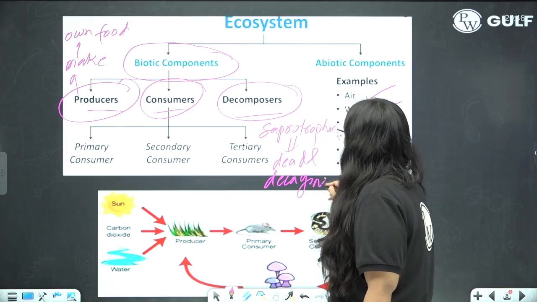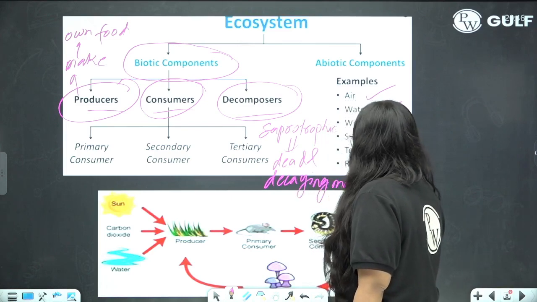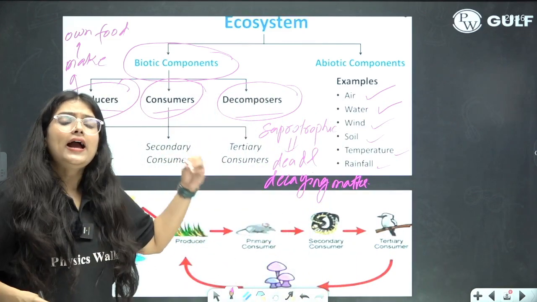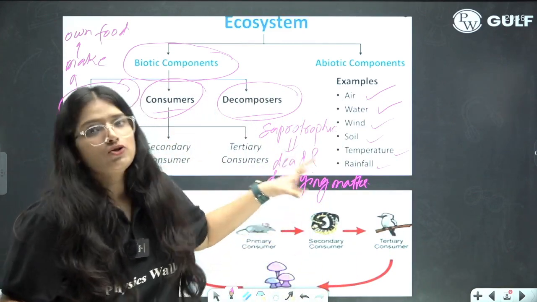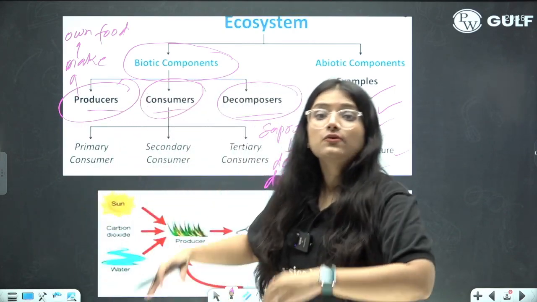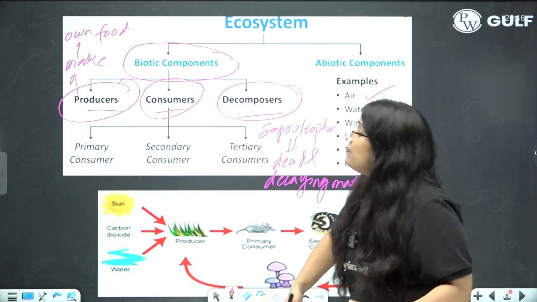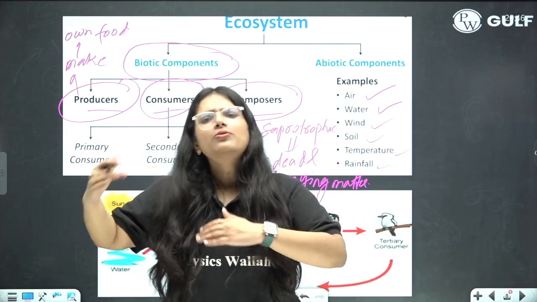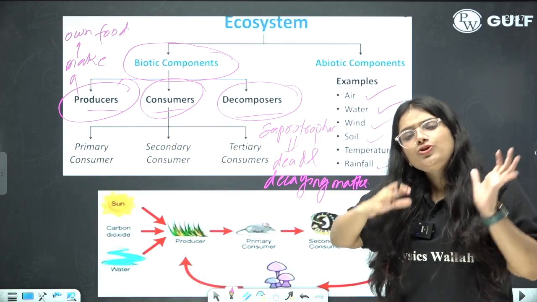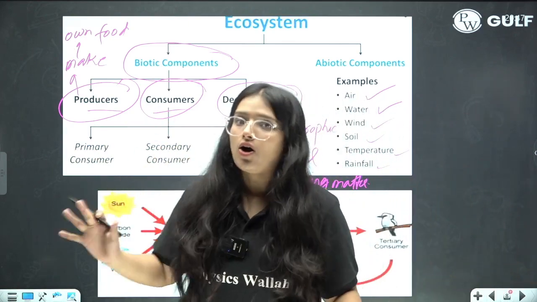They feed on dead and decaying matter. So they secrete some chemicals and break down these dead bodies so that they can pull out the nutrients from it, and these nutrients will go into the soil, which will then be collected by the producers, and furthermore the producers will be consumed by the consumers, and the nutrients will keep on flowing within the organisms.